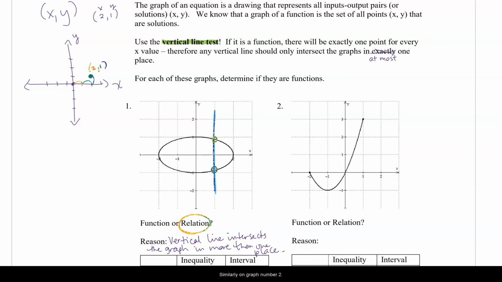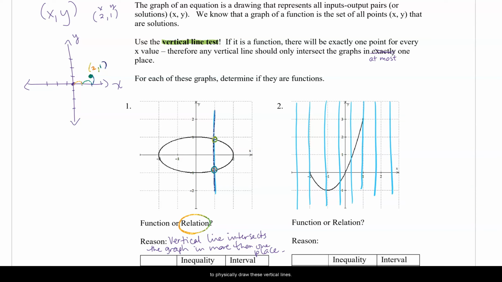Similarly, on graph number 2, we can play the same game: vertical line, vertical line, vertical line. We don't have to do this actually. We can do it mentally, but sometimes it helps, at least in the beginning, to physically draw these vertical lines. And then we look: how many times does each vertical line intersect the graph?